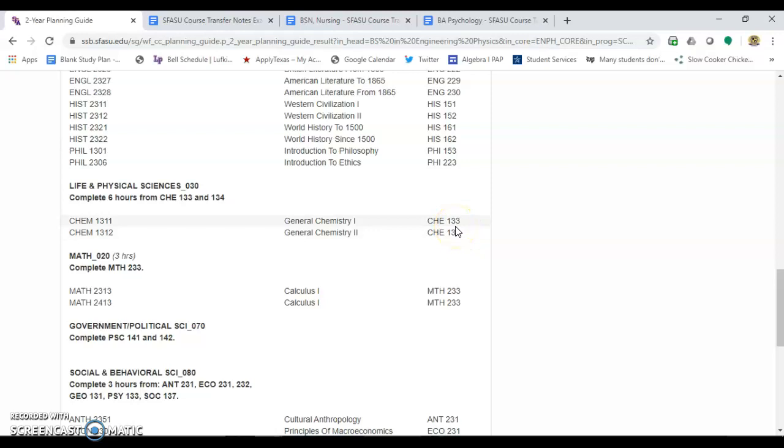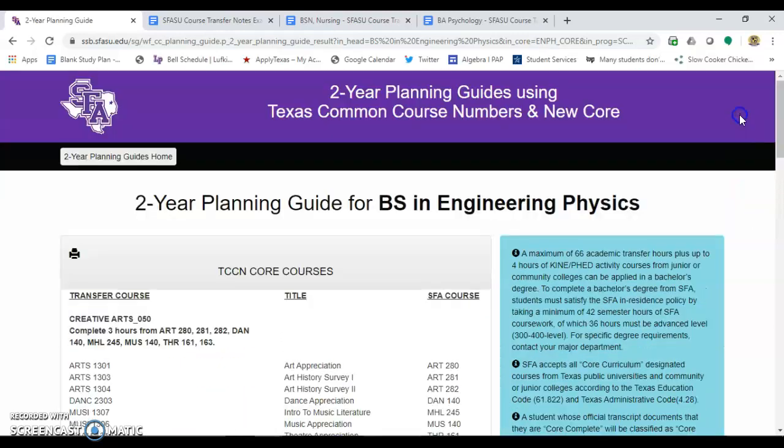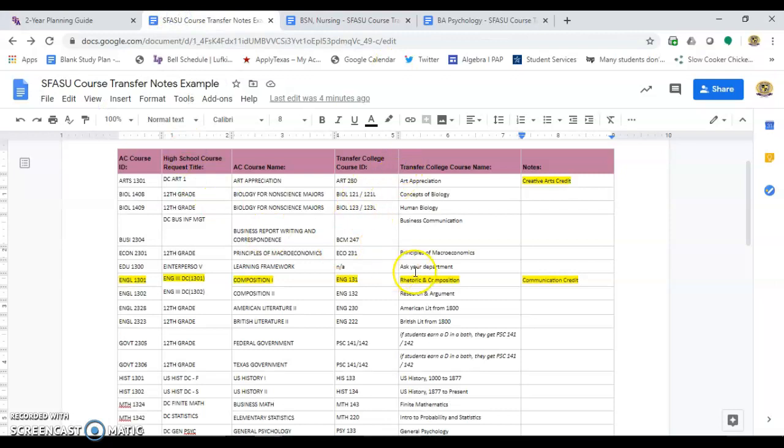Now, it would be worth looking into possibly taking an AP chemistry, just even for the experience of that rigor, but it's not something we offer dual credit. But using this system and going through this transfer plan and looking up for your major, each of your credits can be really, really helpful.